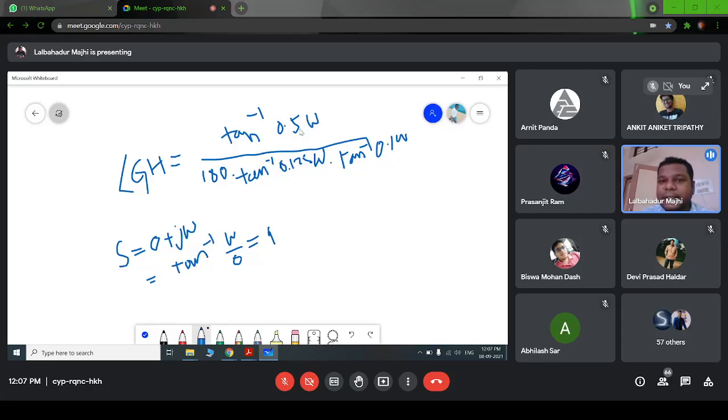Then we have to vary ω from 0.1 to our maximum frequency 100.